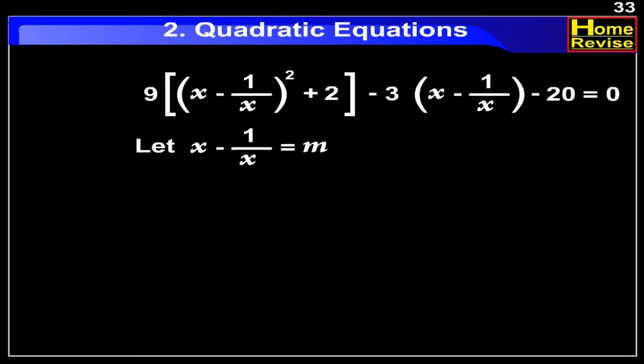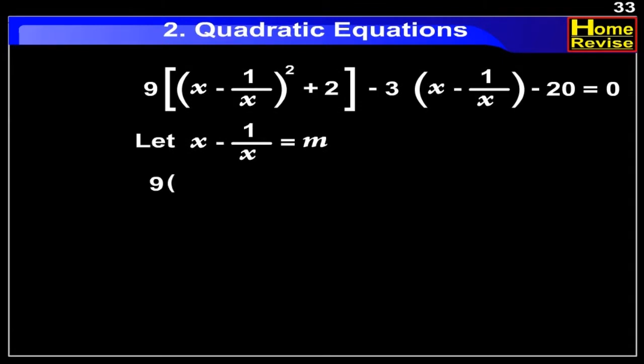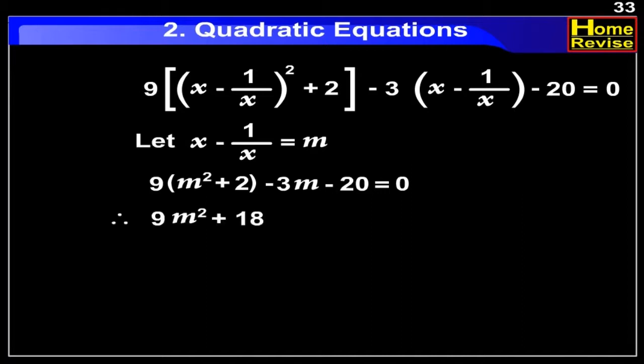Therefore, we have 9(m² + 2) minus 3m minus 20 is equal to 0. Therefore, 9m² + 18 minus 3m minus 20 is equal to 0.